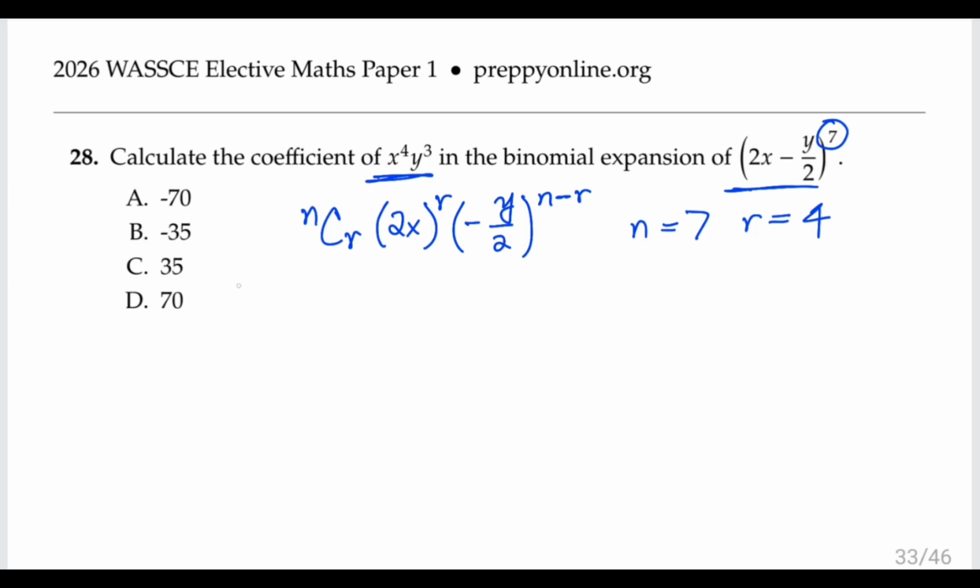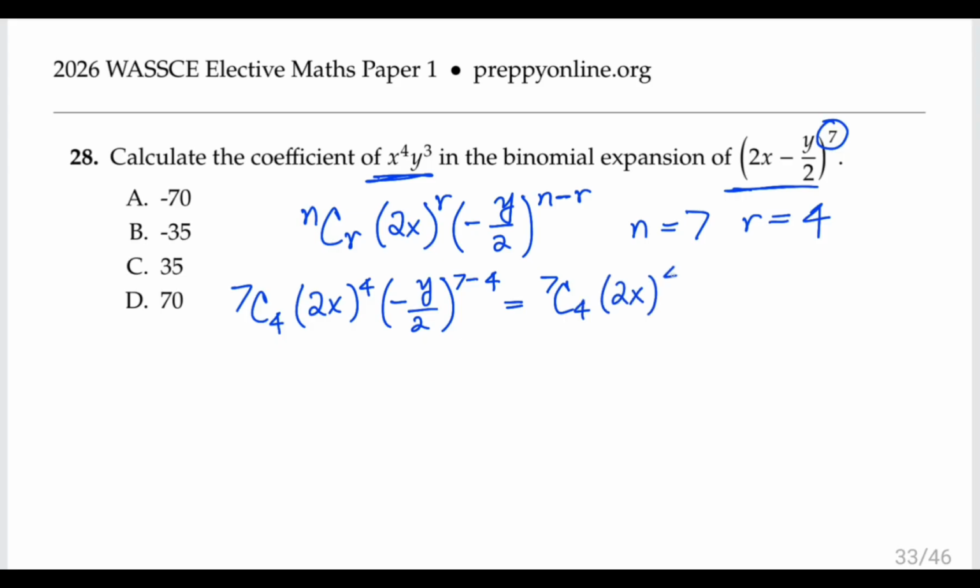So we write 7 choose 4, then we have 2x to the power 4, and minus y over 2 to the power 7 minus 4. So this is equal to 7 choose 4, 2x to the 4th, and then minus y over 2 to the 3rd.